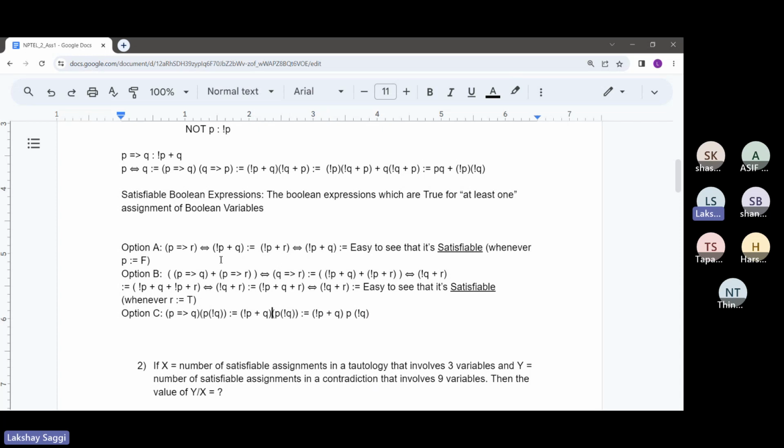Earlier, this parenthesis was forcing me to do these multiplications first, but since it's an associative operator, I can do this multiplication first also. I'm referring to AND as multiplication and OR as addition, but keep in mind that it's actually logical OR and logical AND.